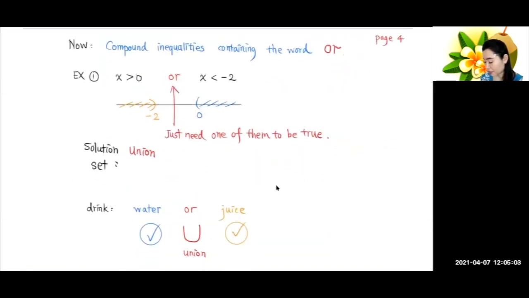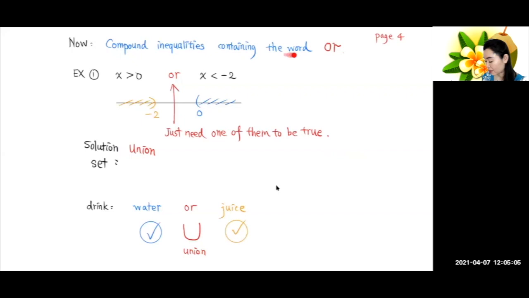Now the compound inequality containing the word or. This is one compound inequality. The two inequalities here are joined by or. So x is greater than 0 will be this blue part right here. x is less than -2 will be this orange part right here. Because this is or, you just need one of them to be true.